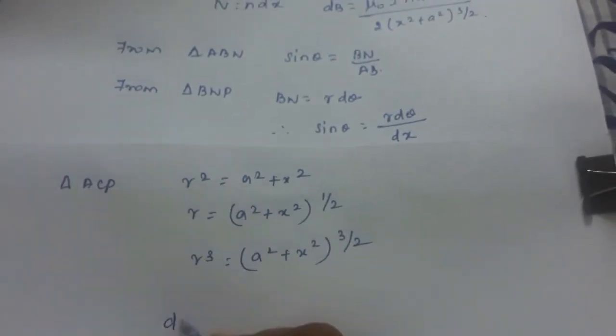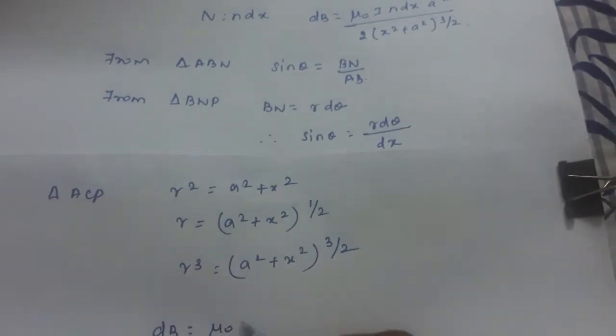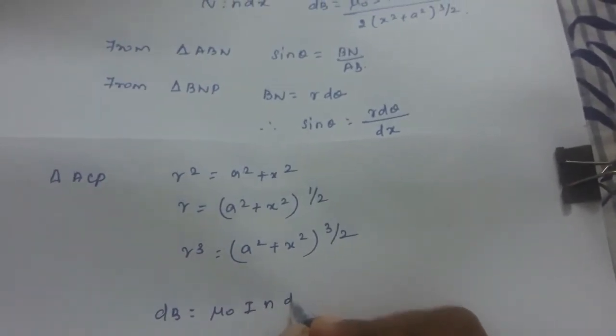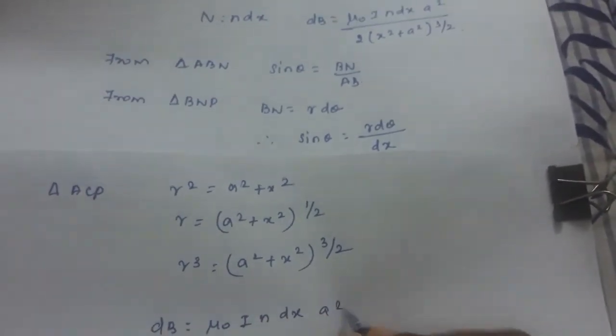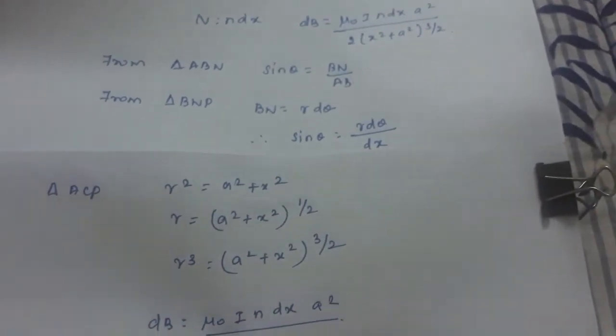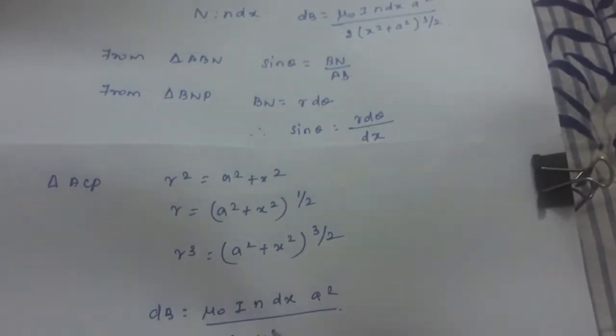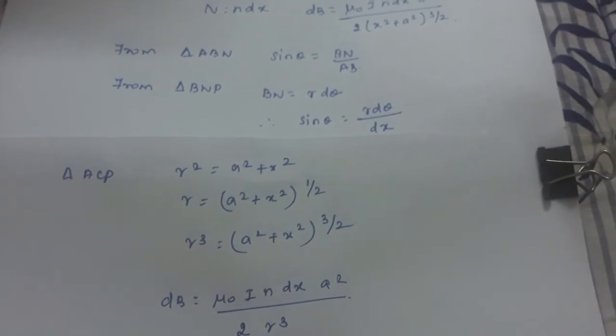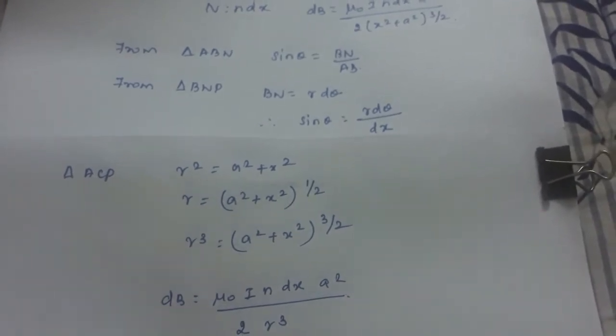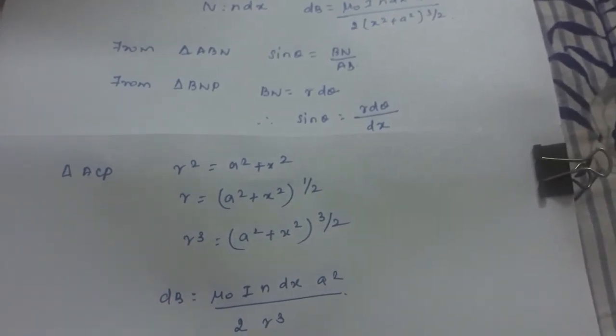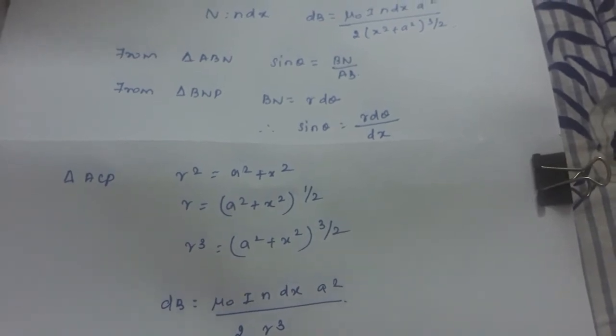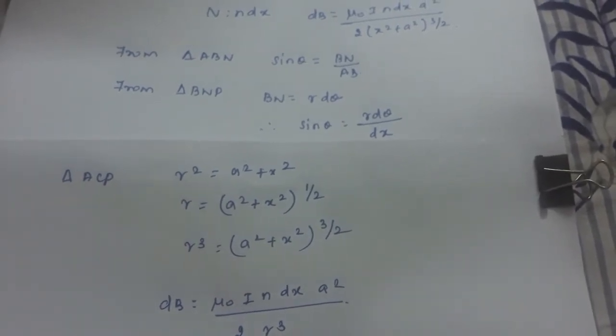Now substituting this in dB. So dB is equal to mu 0 I n dx a square by 2 into R cube.